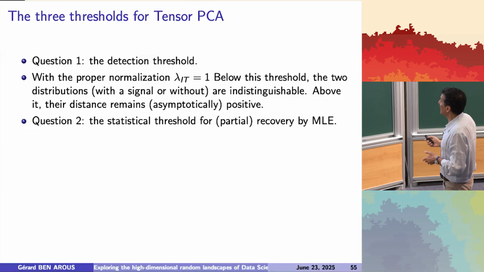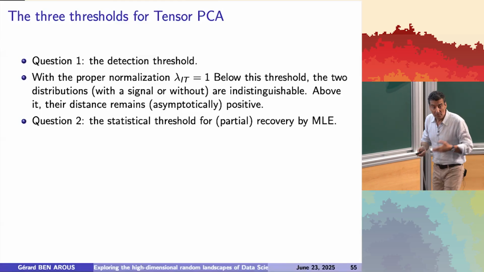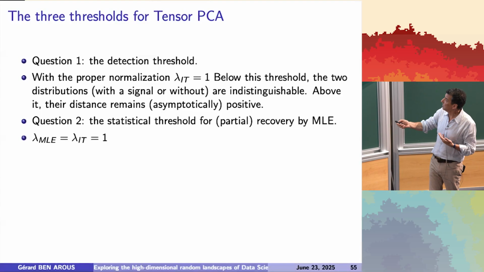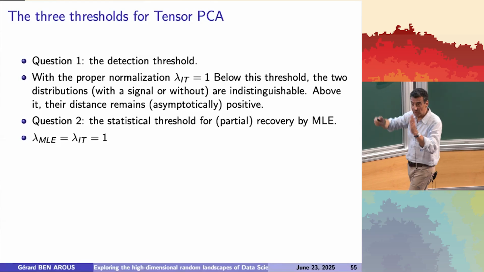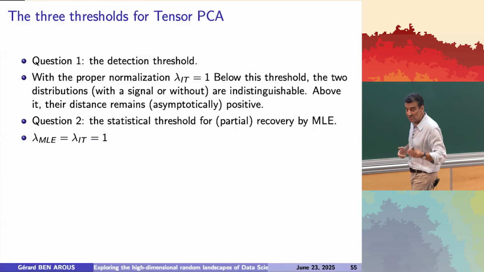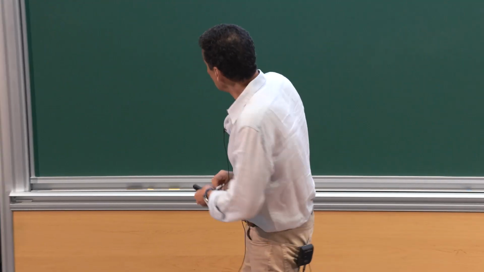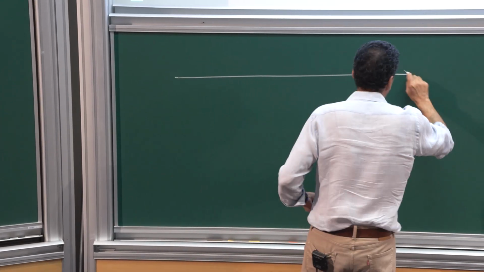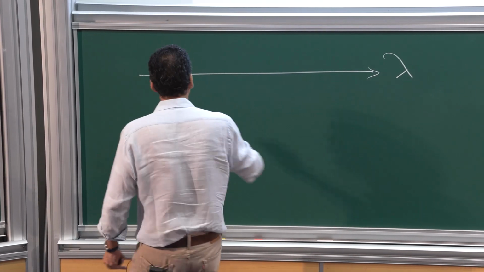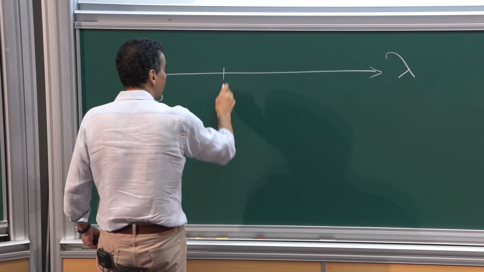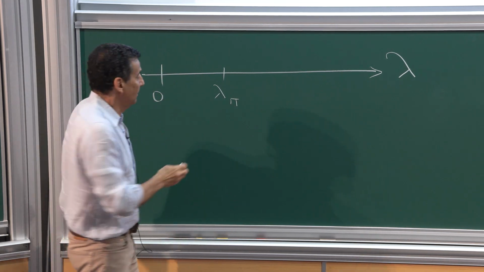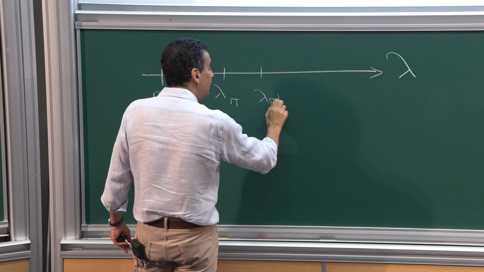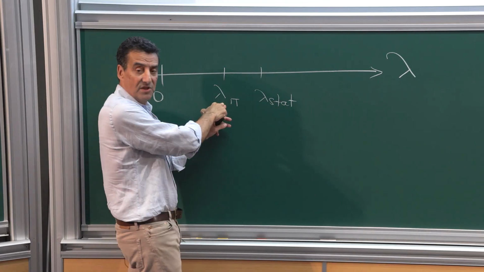So if you do maximum likelihood here, then there is a threshold, lambda MLE, a threshold for maximum likelihood, which is in fact the same as the IT threshold. So here, with lambda, the strength of the signal, starting at 0, I have a threshold. Then if I take a statistical procedure, the threshold for any given statistical procedure should be above this one.